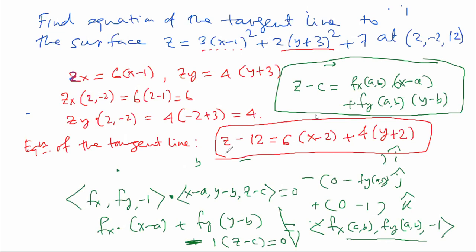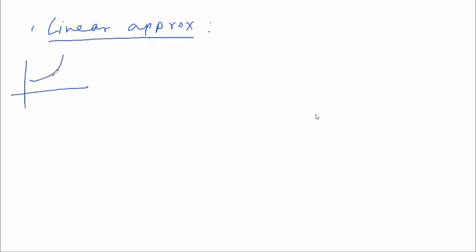Okay, so let's move on. So now linear approximation. In one variable, remember the picture: if you know the height at this point A, and you want to know the height at a nearby point, the nearby point height would be this.